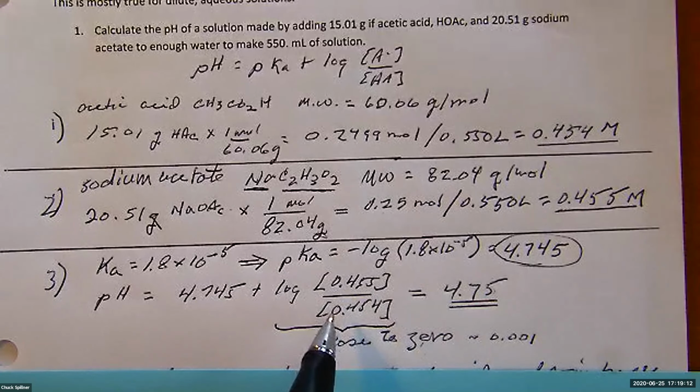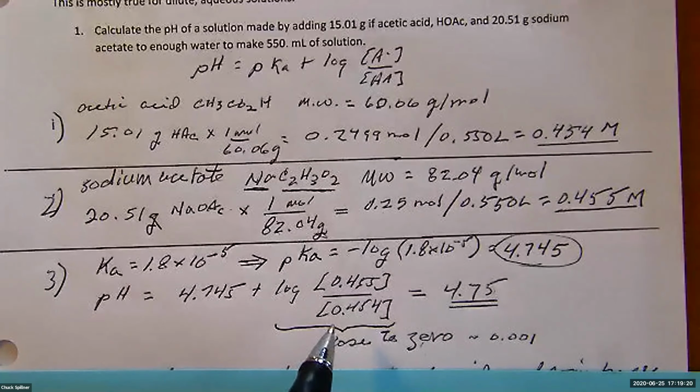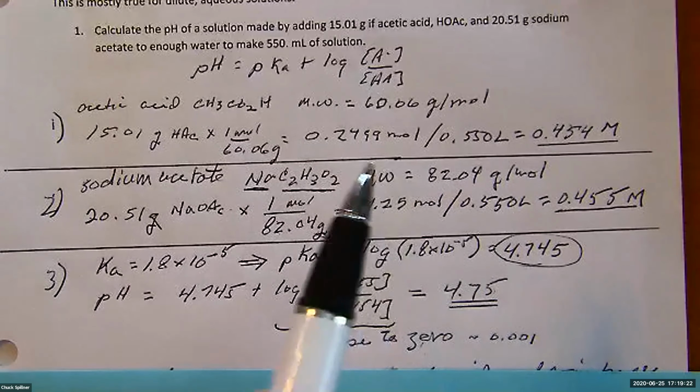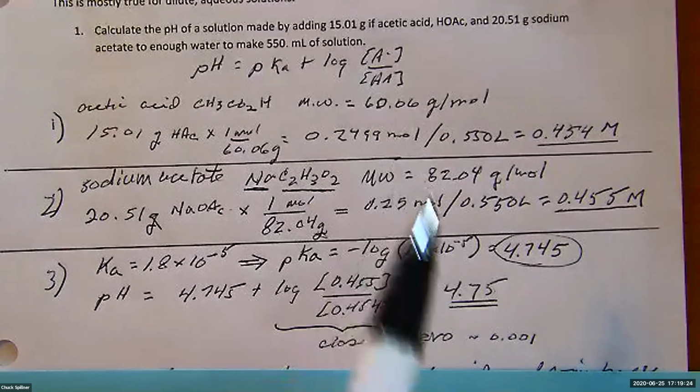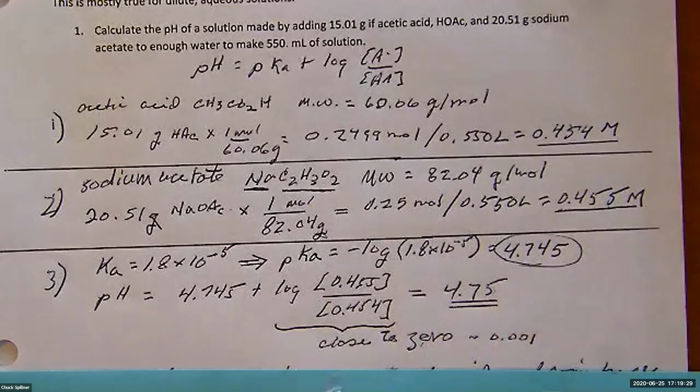So I think this problem was set up so that this turned out to be the log of 1, but because of my little bit different molar mass up there for acetic acid, they didn't come out exactly the same, but pretty close.